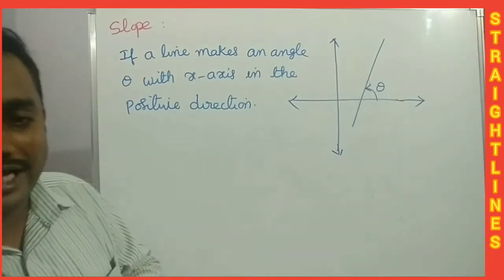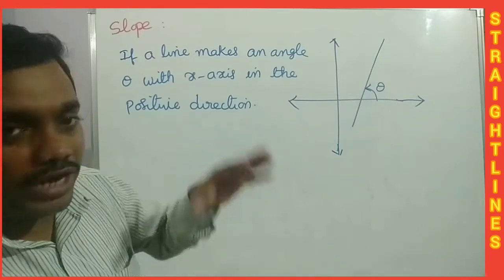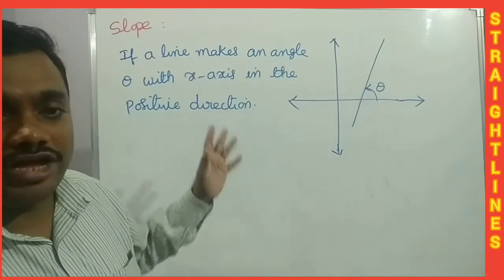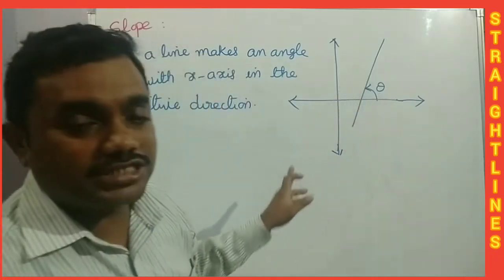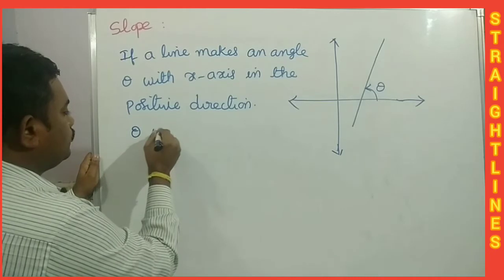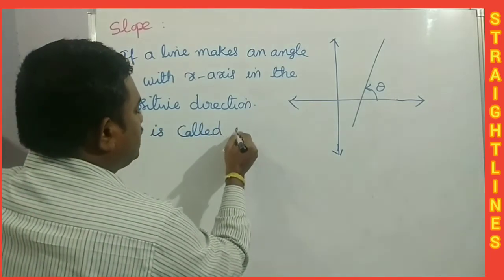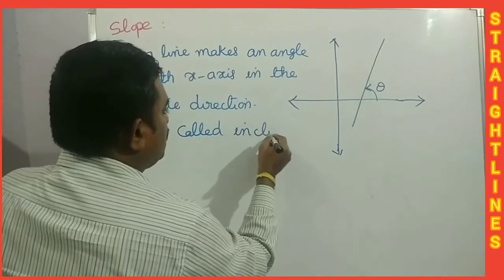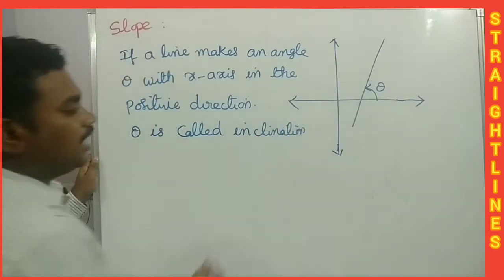Here positive direction meaning is clockwise direction is negative direction, anti-clockwise direction is positive direction. So this side anti-clockwise direction is called positive direction. Then theta is called inclination of the line.